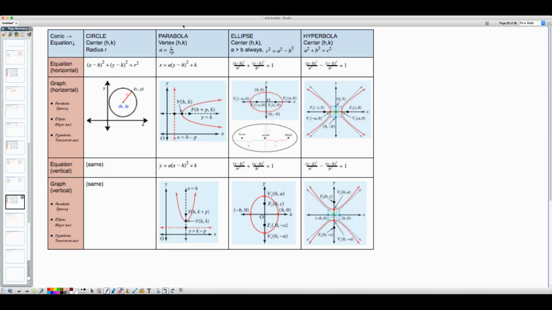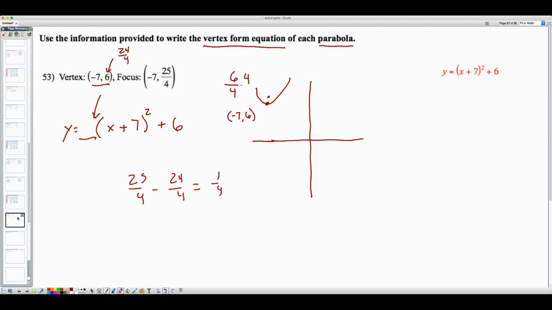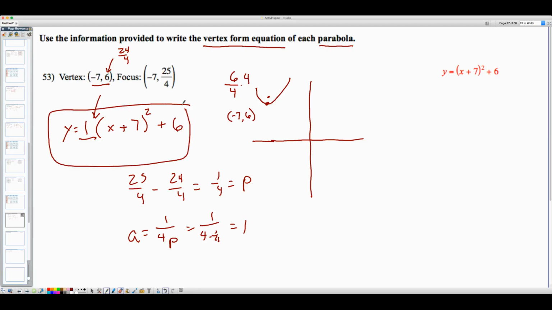That's my p value. So if I want to find the a value, a is equal to 1 over 4p, which is 1 over 4 times 1/4, which is equal to 1. So this value is 1, and this is my equation. And sure enough, it checks with what we've got over here.